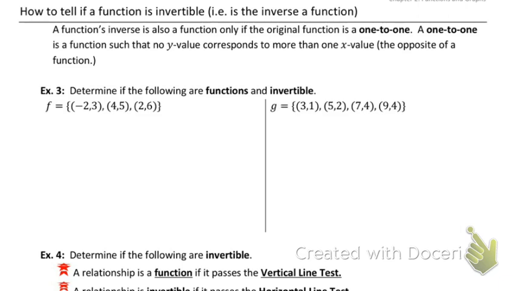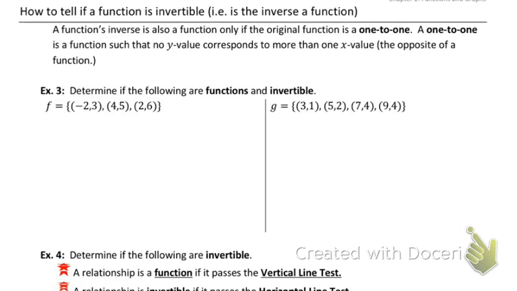In order for it to be invertible, we have to stick with one mailbox can only have one letter going into it also. So that is your definition of invertible. It goes the opposite direction. Once again, a function is no x value can go to two y values. To check to see if something's invertible, you're going to make sure no y value goes to two x values.